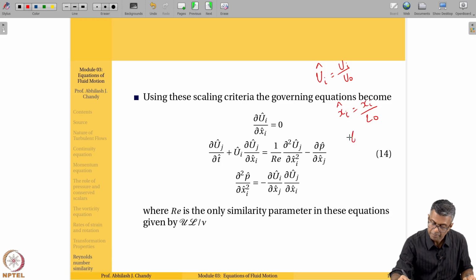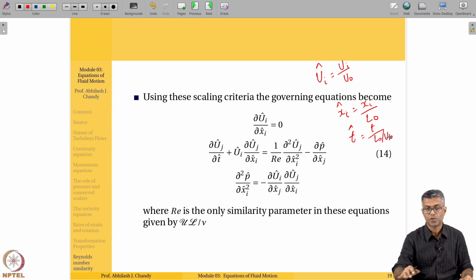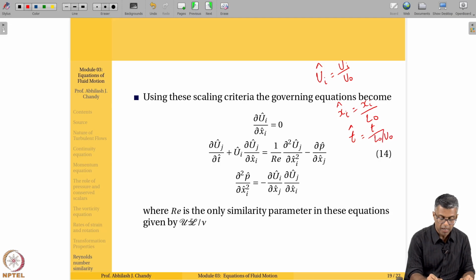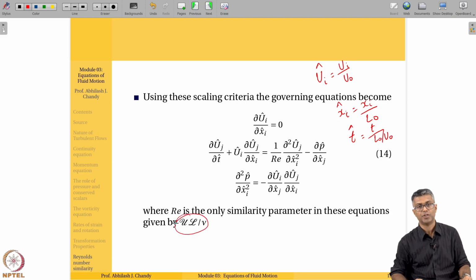And my time t, I will use velocity and length to write it as t hat, t over some constant time scale. So that would be L0 over U0. That L0, U0 are what are marked in this fancy L and U on the slide.